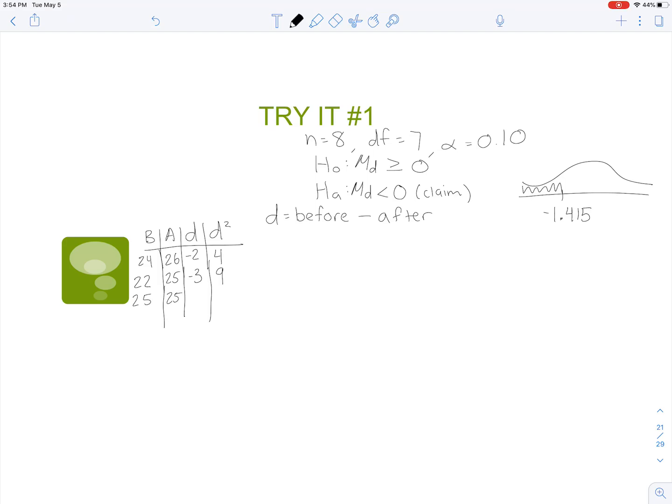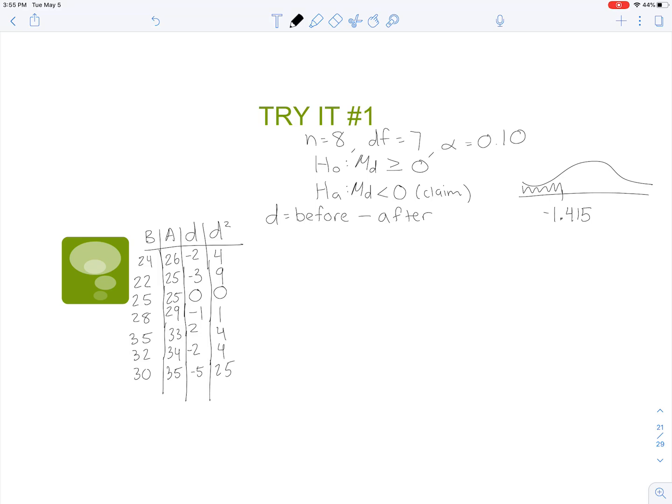The next one was 25 and 25, no change. 28 and 29. 28 minus 29 is -1, squared is 1. 35 and 33, which would be 2. 2 squared is 4. 32 and 34. -2 squared is 4. 30 and 35.